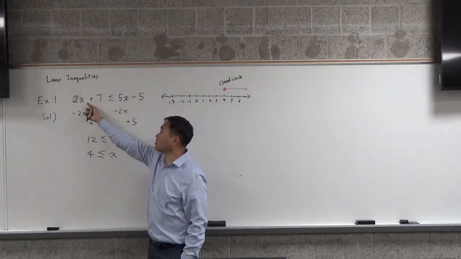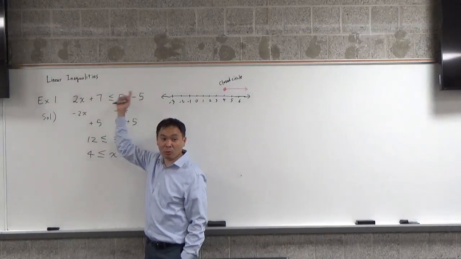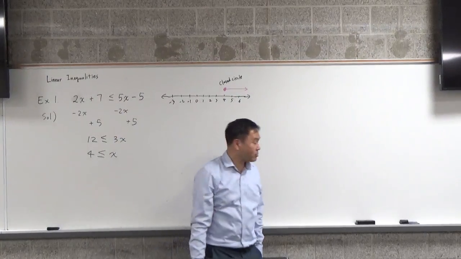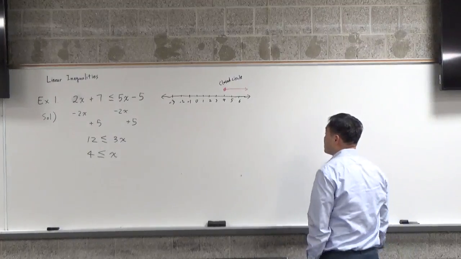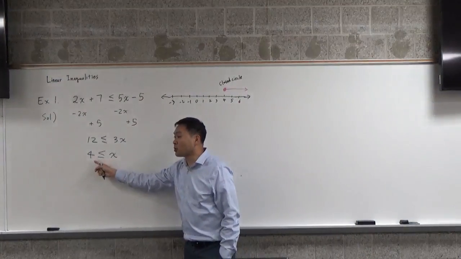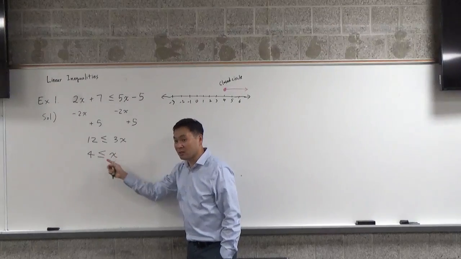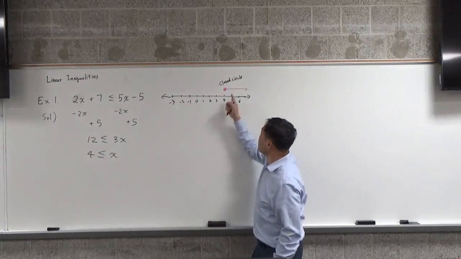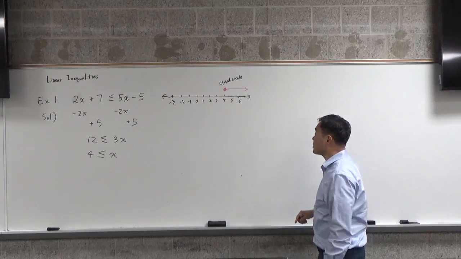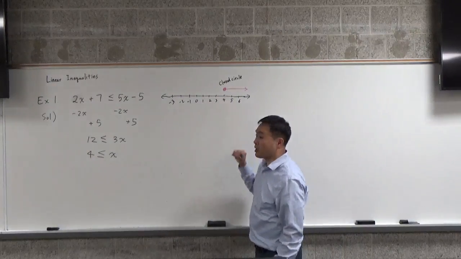In fact, if you plug in 4 left and right, you see that both sides give you the same answer, so this inequality is still satisfied. So that's what you use. Now, if your answer comes out as 4 and then a strict inequality, in that case, you should be using an open circle. I'll do that example next. Okay. So this is how you graph it.